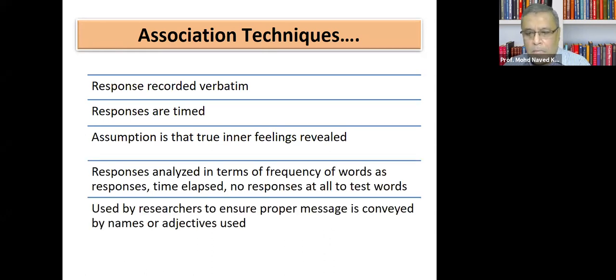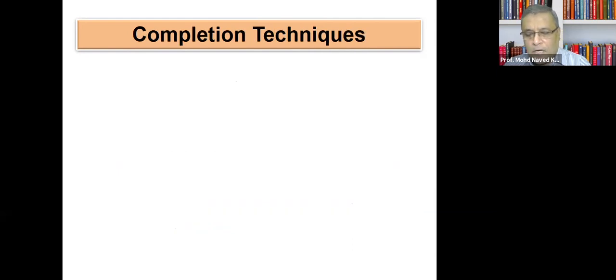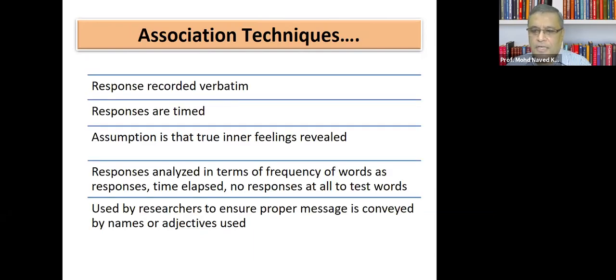Then it is used by researchers to ensure that the proper message is conveyed by names or adjectives which are used. And another technique that we use is sentence completion. So the first one was the association technique, and in this, association was in the context of words.